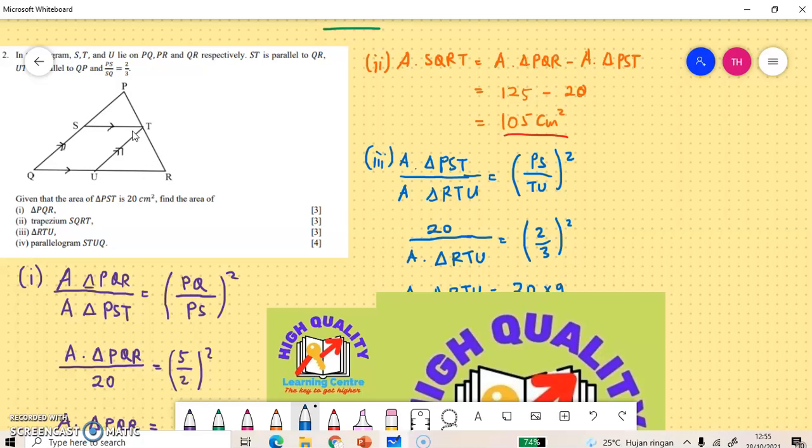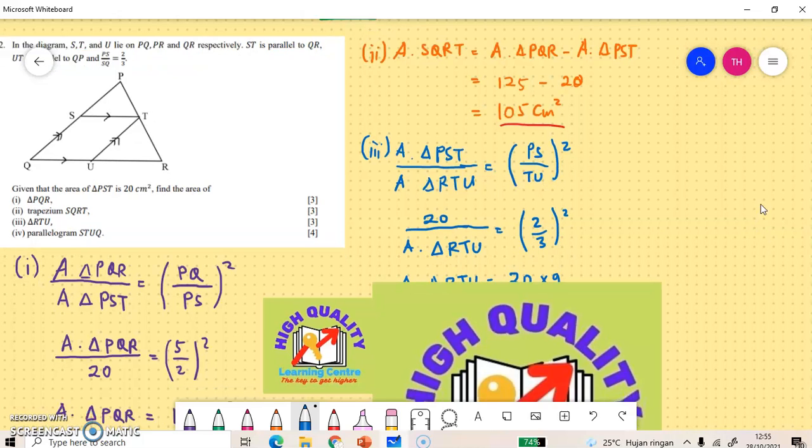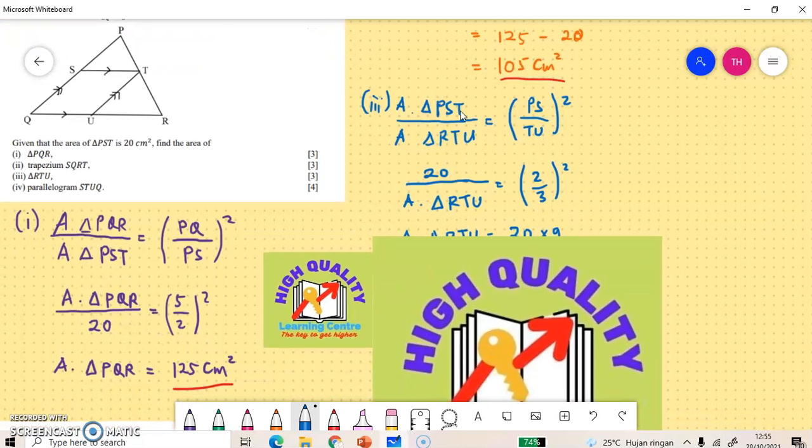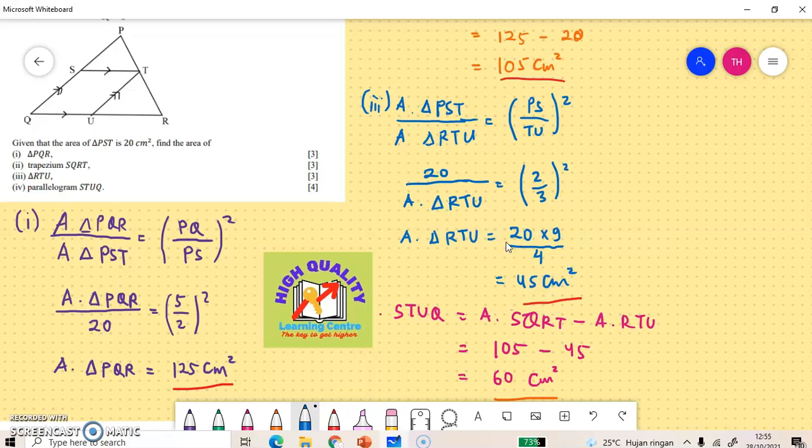And ST is parallel to UR. Here we can use the ratio: PST is 20, and the ratio of the length is PS to TU, and don't forget to square. So the area of RTU is 45 centimeter square.